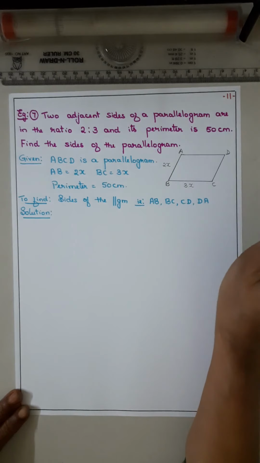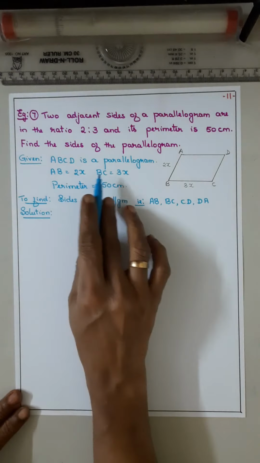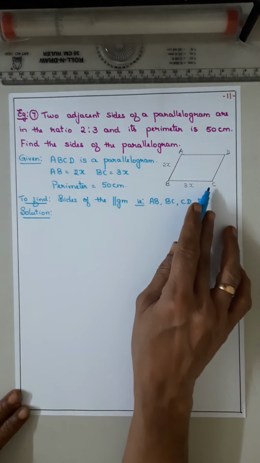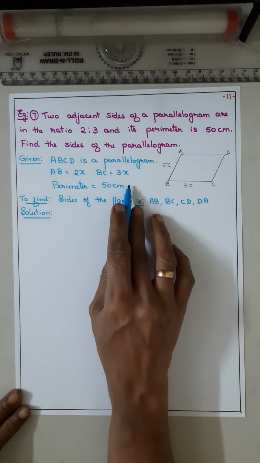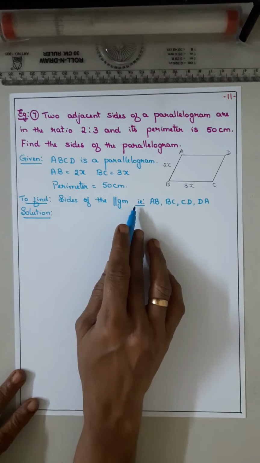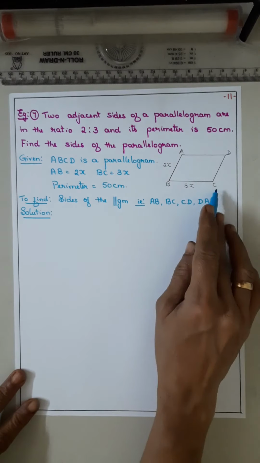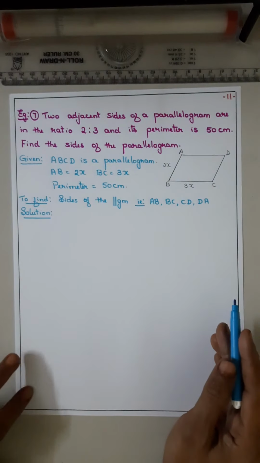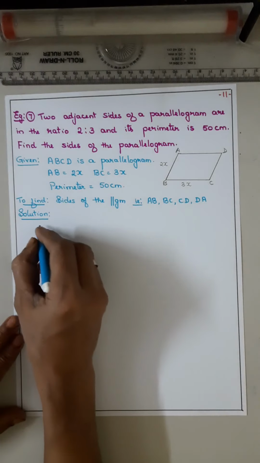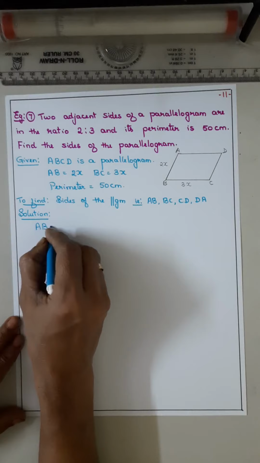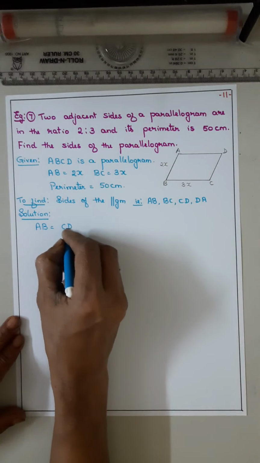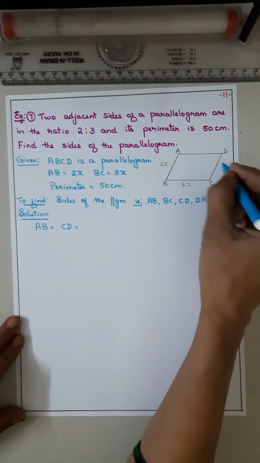And the perimeter is given. Now ABCD is a parallelogram. AB is equal to 2x, BC is equal to 3x and perimeter is 50 centimeter. Now to find the sides of the parallelogram means AB, BC, CD and AD. Okay, now solution. AB is equal to CD is equal to 2x.